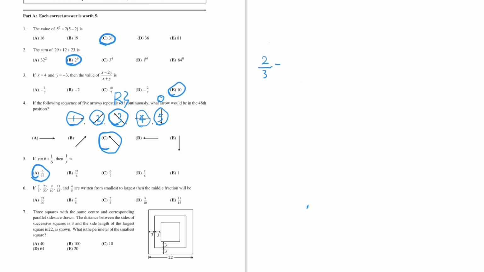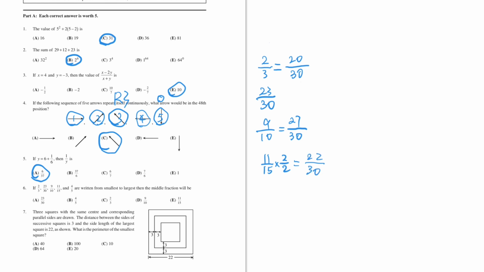For each fraction, use the LCD to rewrite. 2 over 3, numerator and denominator times 10, that's 20 over 30. 23 over 30 is already over 30. 9 over 10, numerator and denominator times 3, that's 27 over 30. 11 over 15, times 2, that's 22 over 30.